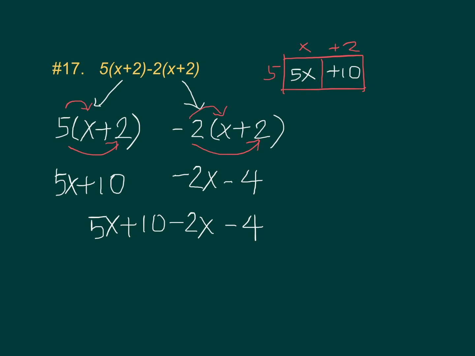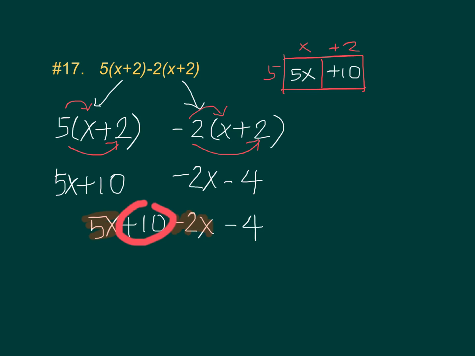Okay, and the next part is to combine like terms. 5x and minus 2x, these two are like terms, so I'm just going to highlight them. So 5x and then minus 2x. Okay, another set of like terms. You have plus 10 minus 4.